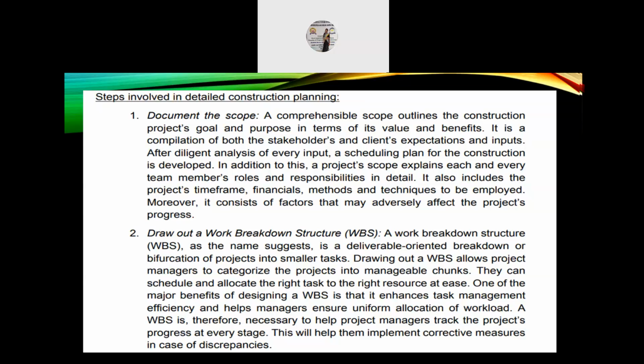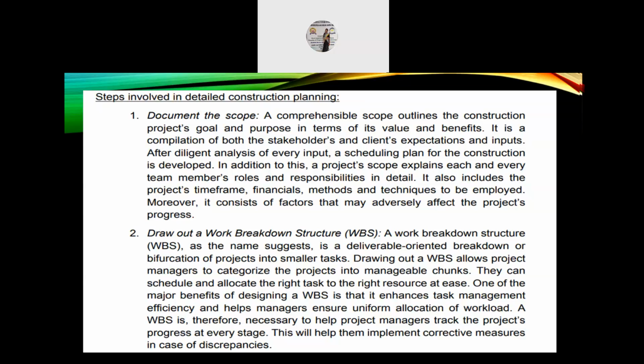Number 2, draw out a work breakdown structure, WBS. A work breakdown structure, WBS, as the name suggests, is a deliverable-oriented breakdown or bifurcation of projects into smaller tasks. Drawing out a WBS allows project managers to categorize the projects into manageable chunks. They can schedule and allocate the right tasks to the right resource at ease.